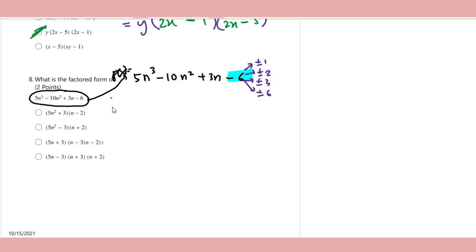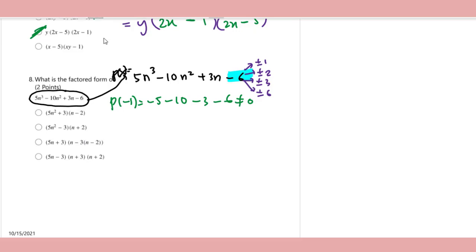Let's say you substitute P of negative 1. Negative 5, negative 10, negative 3 minus 6. So this one is all negative, and it is not equal to 0. Negative 1 is not a zero for this polynomial.